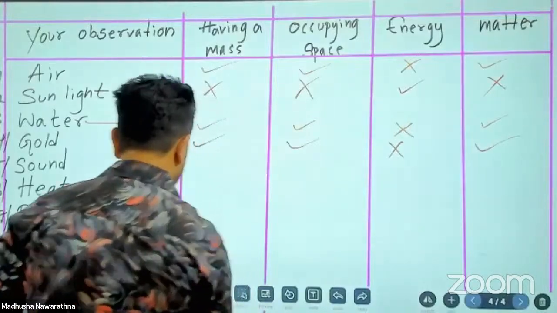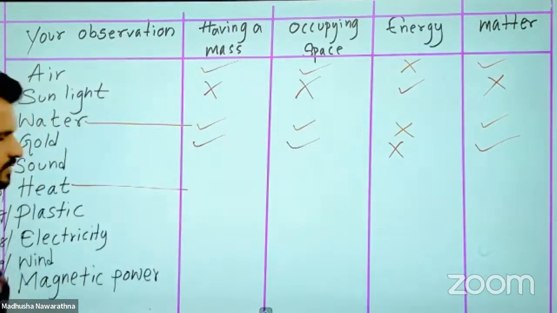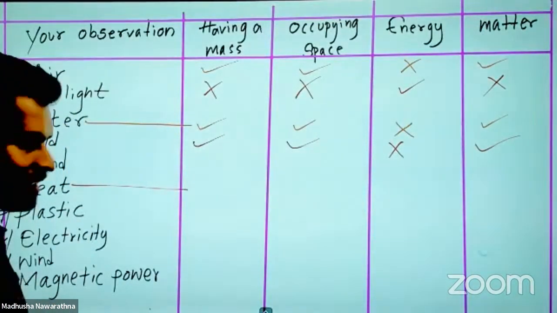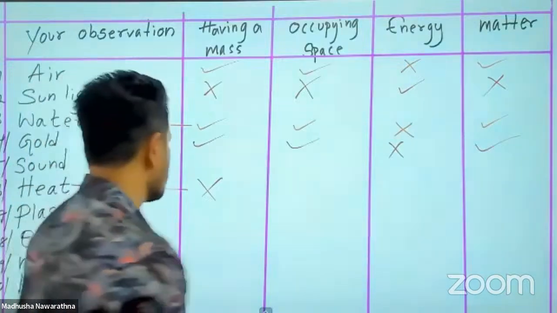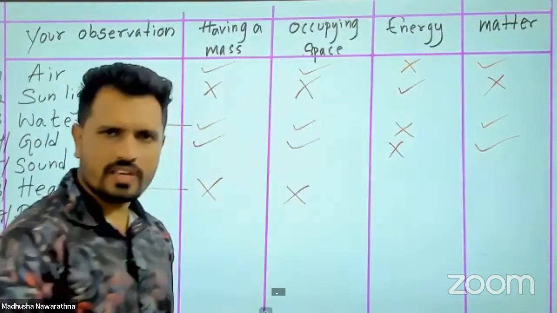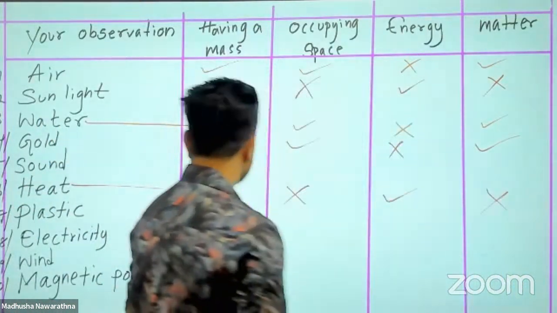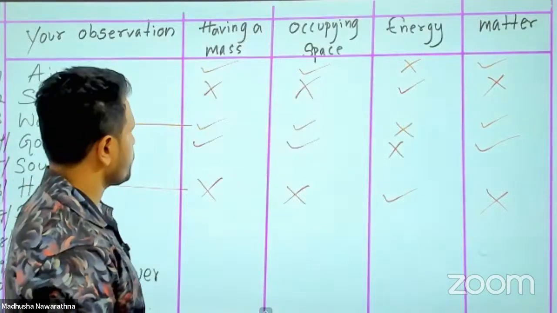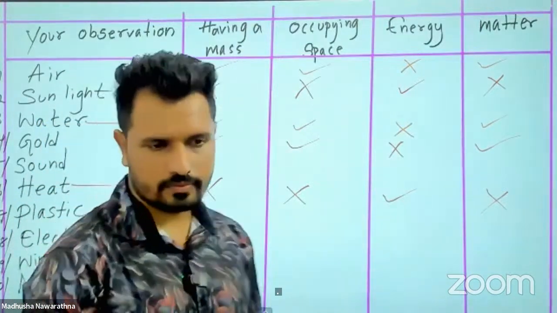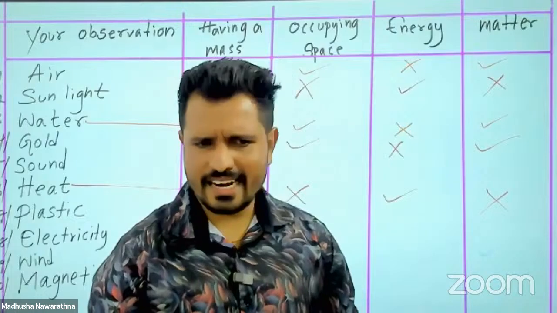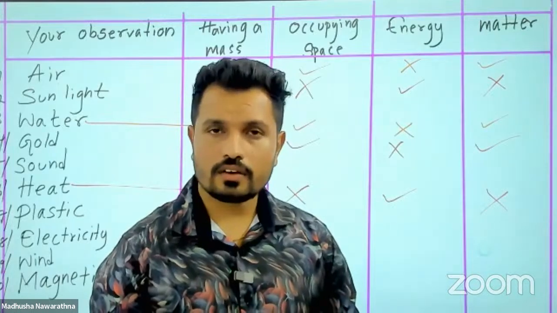Simple. Next, heat. Not having a mass. Occupying space? No. And what about energy? It's a kind of energy. How to define heat? Is it possible to measure heat by using a thermometer?